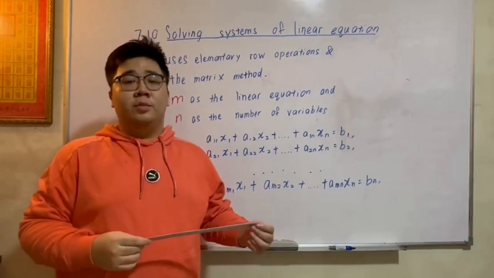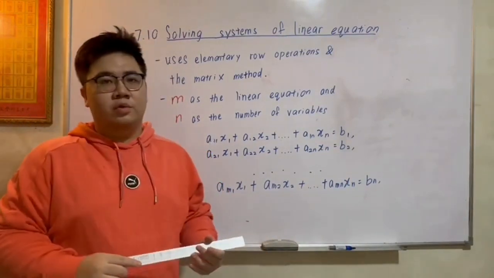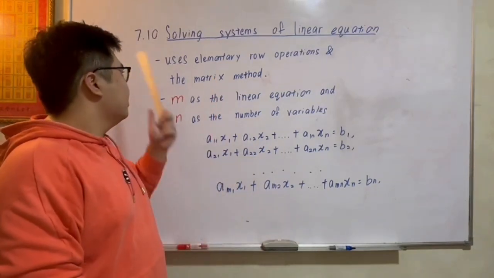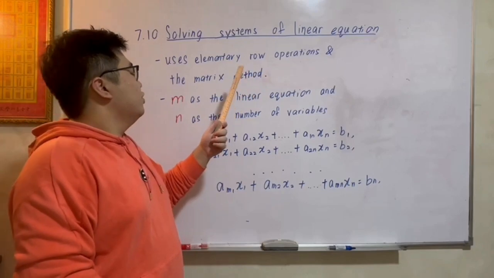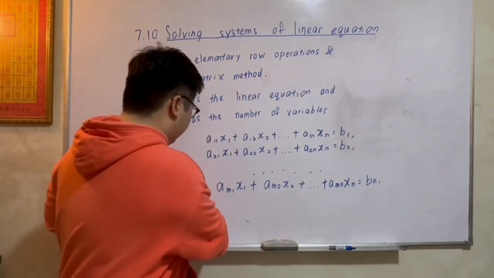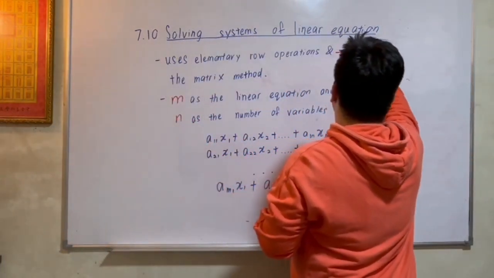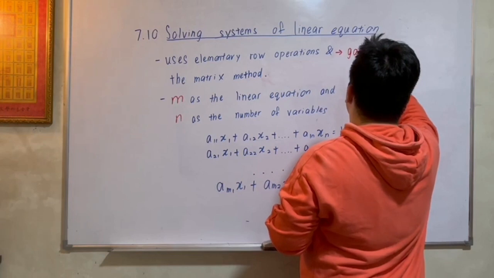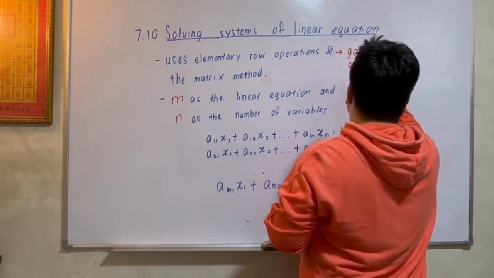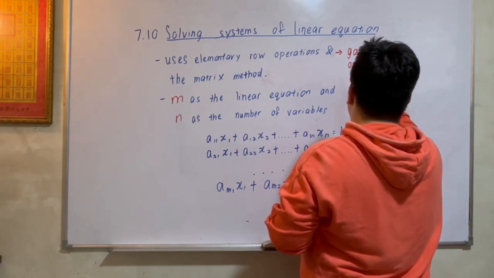Moving on to the topic that we're going to be discussing today, which is solving systems of linear equations. There are two types of ways to solve this, which is using the elementary row operations or the matrix method. To be more precise, elementary row operations consist of Gauss elimination method.